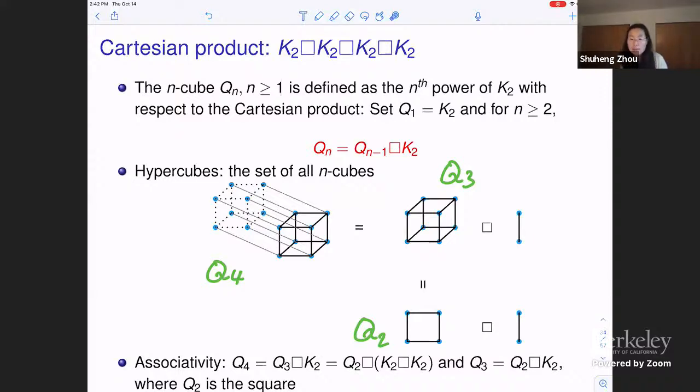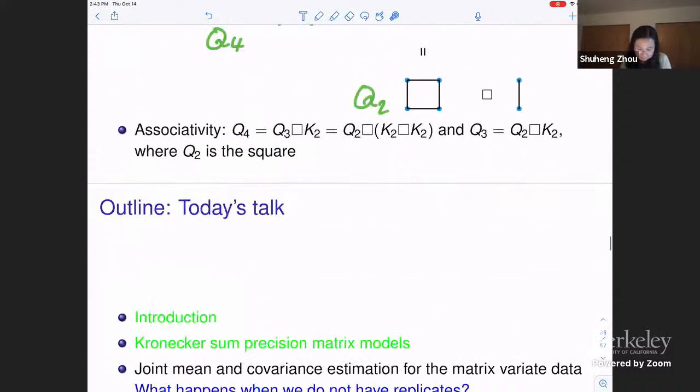But you can also collapse them. Like what we did in the US wind speed study, we collapse all the historical data and use the time domain as replicates, and we just estimate a two-mode product, a Cartesian product of the longitude and the latitude graphs.